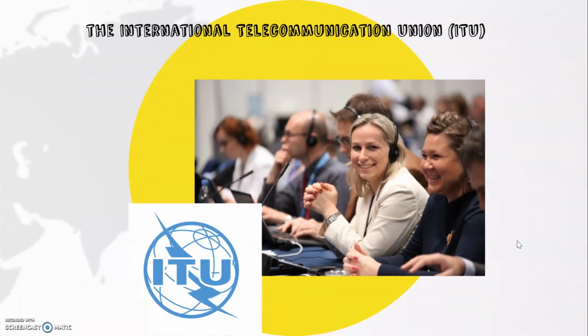The International Telecommunication Union, the UN Specialized Agency for Information and Communications Technology. It works on issues such as access to the internet, the allocation of radio spectrum and satellite orbits, connections between telephone networks around the world, and so on.